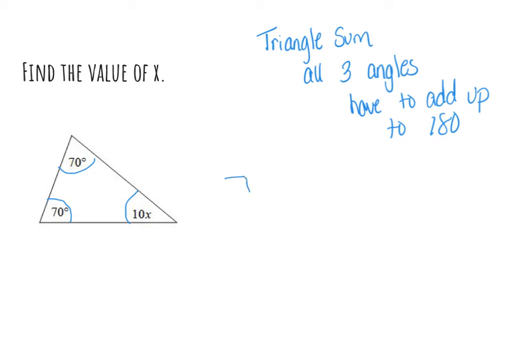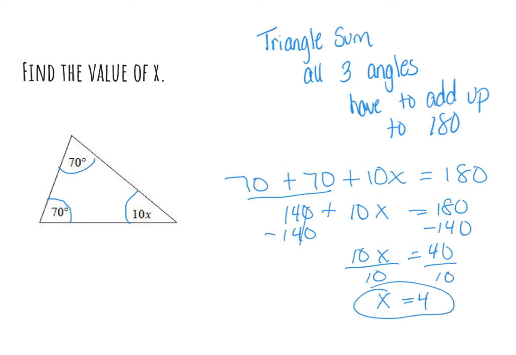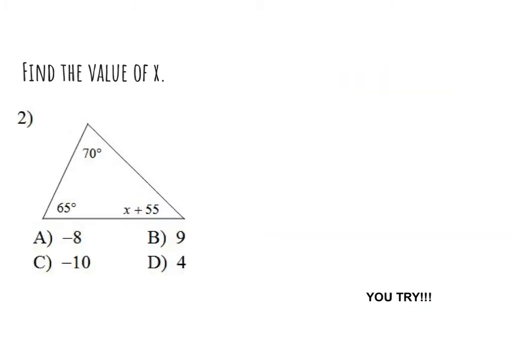So I can set up an equation saying 70 plus 10x to represent the 3 angles has to equal 180, and then I'll use my algebra skills to solve for x. So then x equals 4.